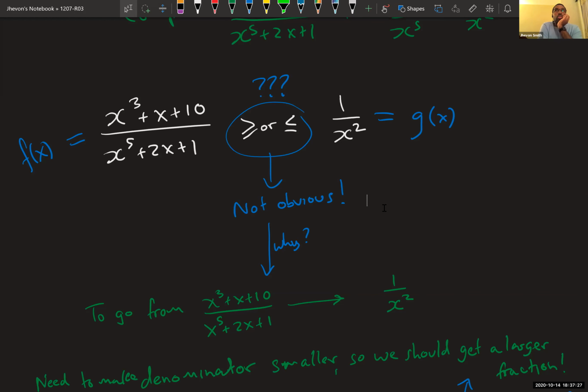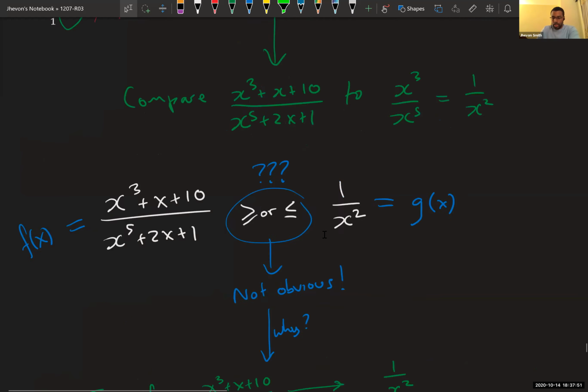So if you throw out 1 over x to the 10th and claim that it is smaller than the original, yes, the integral from 1 to infinity of 1 over x to the 10th does converge, but it's smaller, so it means nothing. It doesn't tell me anything. For the comparison theorem, if I find a smaller thing that converges, it's useless.